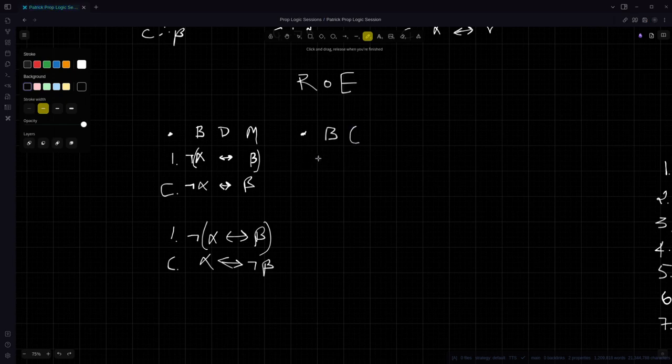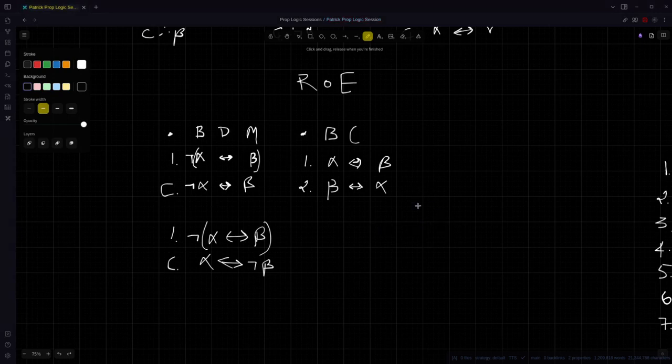So if you have alpha if and only if beta, you can derive beta if and only if alpha from there. That's what commutativity is.